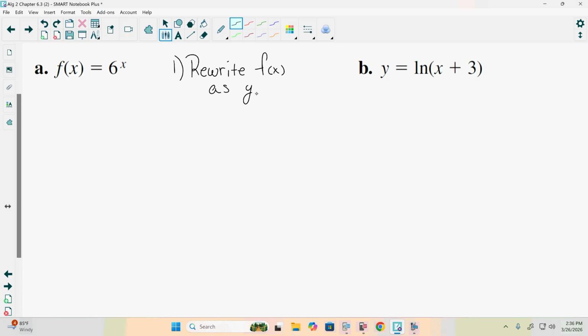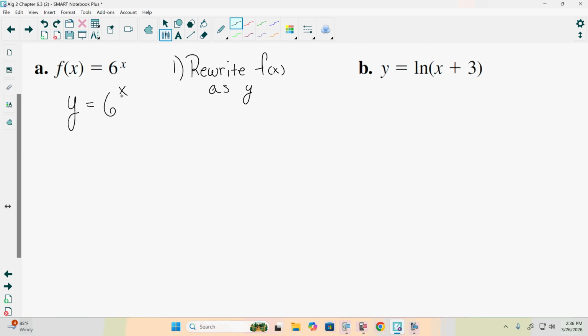Now, if the function does not have f of x to start with, we're going to skip step 1. We're only going to do this step if it gives us f of x to begin with, if it starts it off in function notation. And for a, it does. So we're going to rewrite f of x as y.